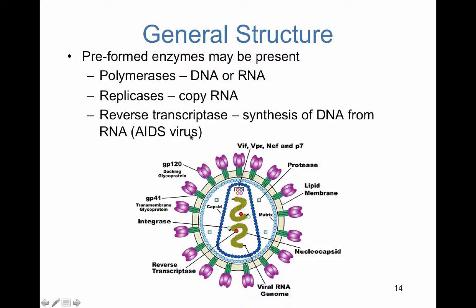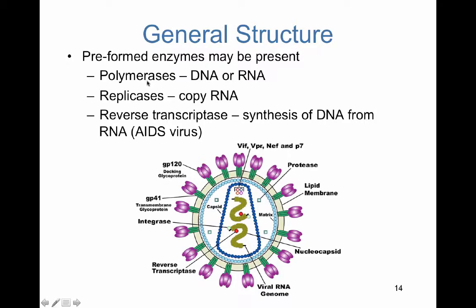Okay. Now also, HIV carries with it reverse transcriptase, which is down here, this little red guy, also integrase, and protease. So these are three enzymes that are preformed within this virus.